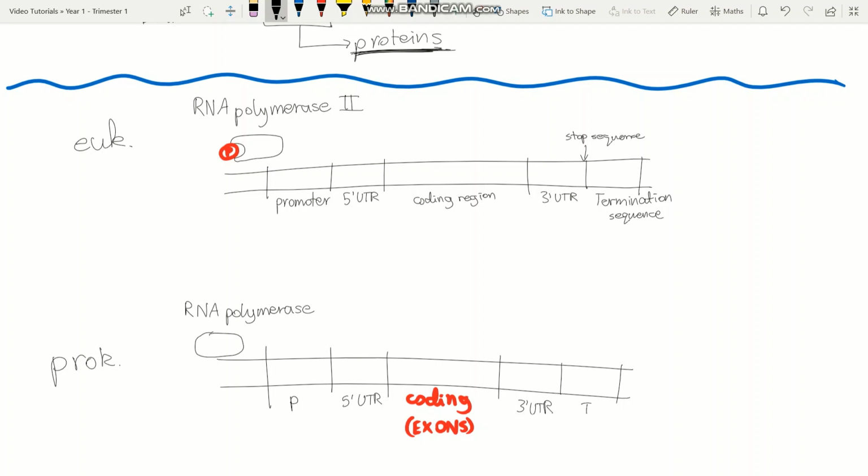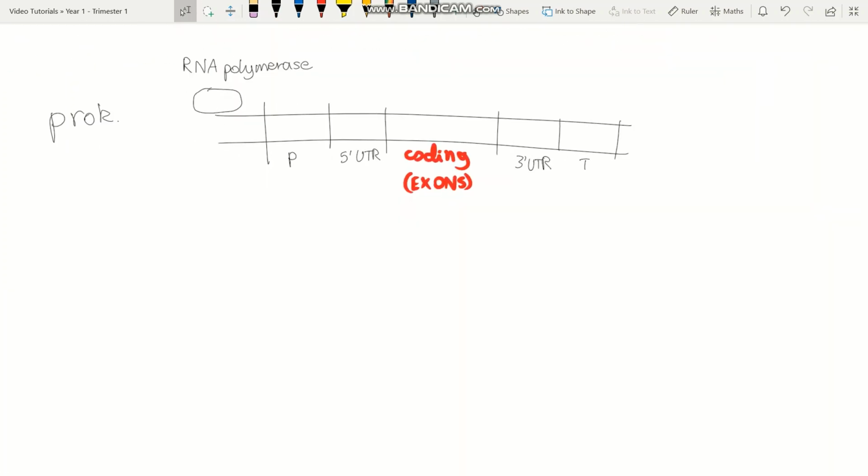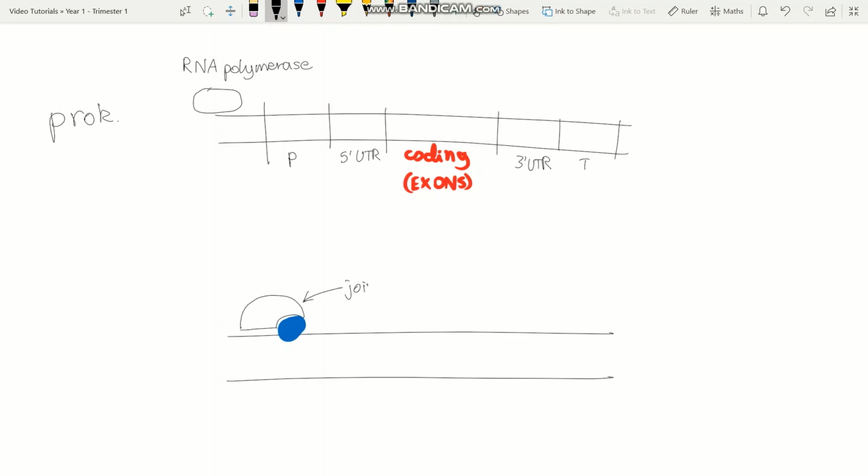Now, the process by which RNA transcription, or DNA transcription, starts in prokaryotic cells is different to eukaryotic cells as well. If we take prokaryotic cells, for example, and redraw our diagram here, firstly, prokaryotic cells actually have what we call a sigma factor joined to their RNA polymerase enzyme. And this sigma factor is what allows for, firstly, the RNA polymerase molecule to join to the coding strand of the DNA.